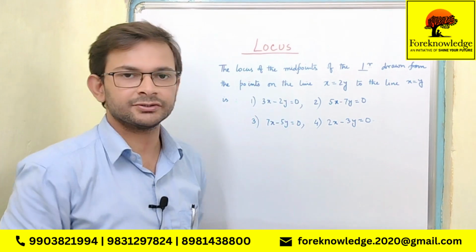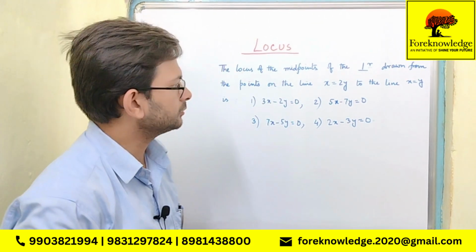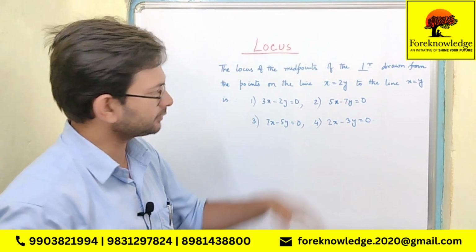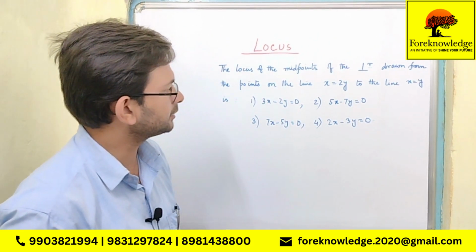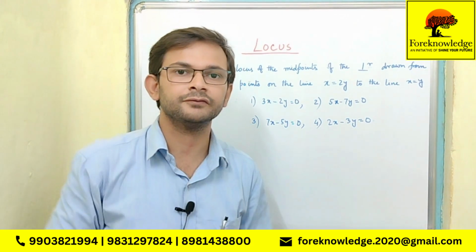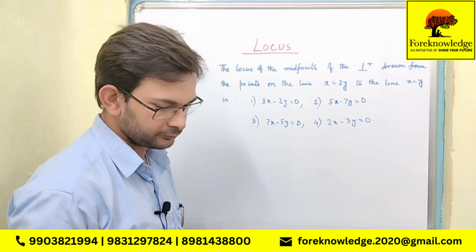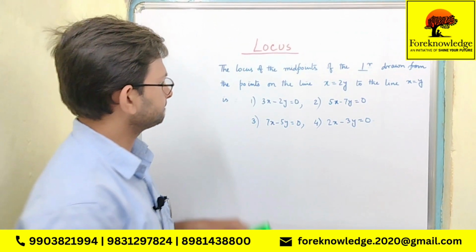Though it is a joint entrance problem, I am going to solve it elaborately. This is the question. Just copy it down, because I need the board to solve the problem. It is a big problem if we solve it conventionally.